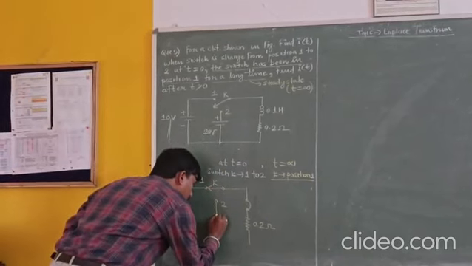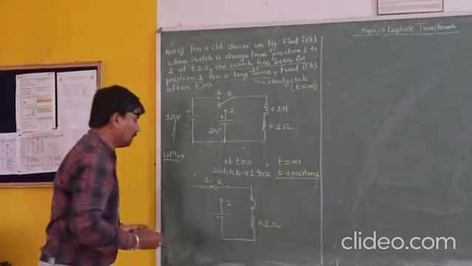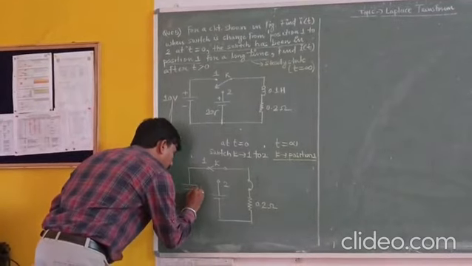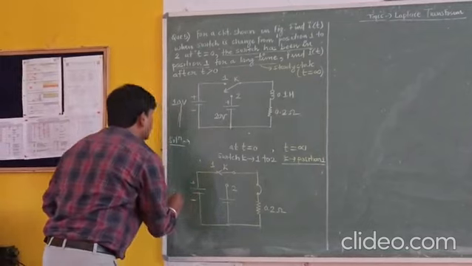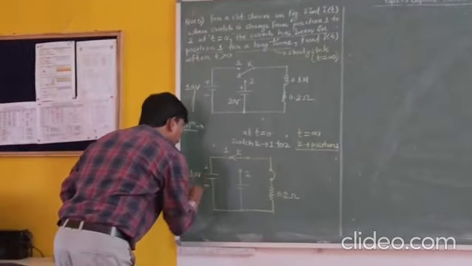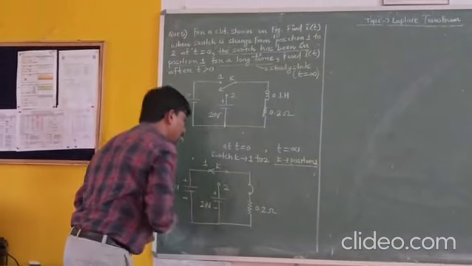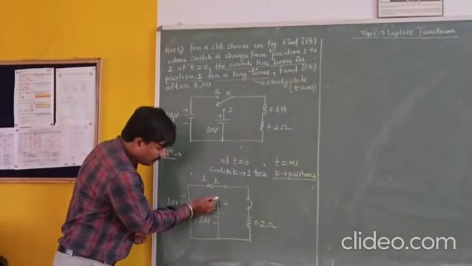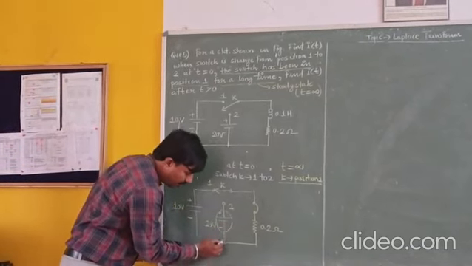This is the voltage which we have drawn as it is, and this is the other voltage connected at position 1, that is 10 volt. This is 20 volt. Got it? As this is an open circuited element, it will be treated as a dummy element.